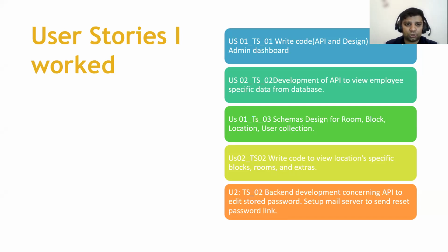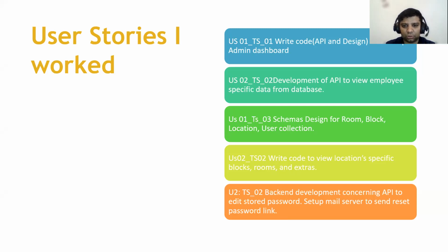Now, these are the user stories that I worked on during the project implementation. In user story 1, task 1, I wrote the code to develop the admin dashboard. Similarly, in user story 2, task 2, development of an API to view employee-specific data from the database. In user story 1, task 3, we designed the schema for room, block, location, and user collections.